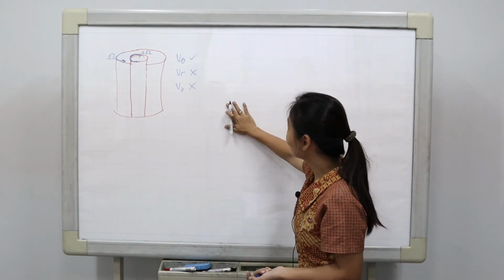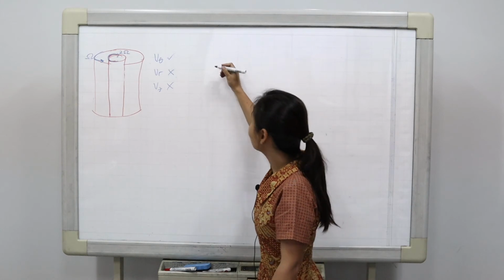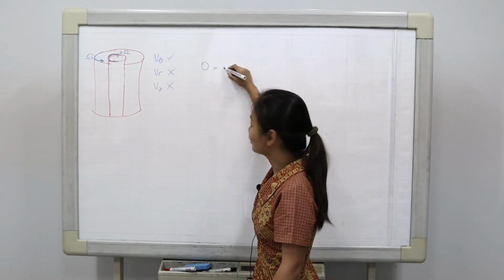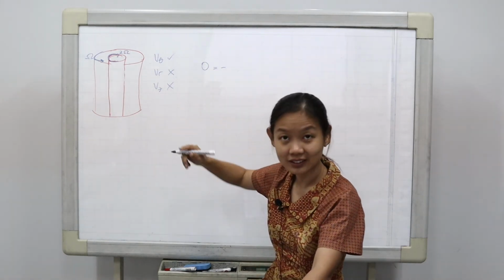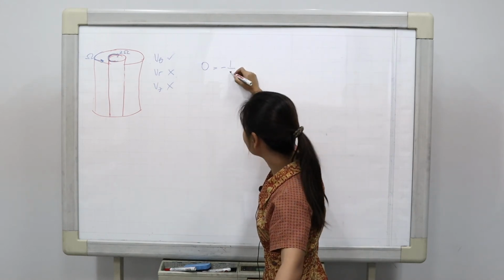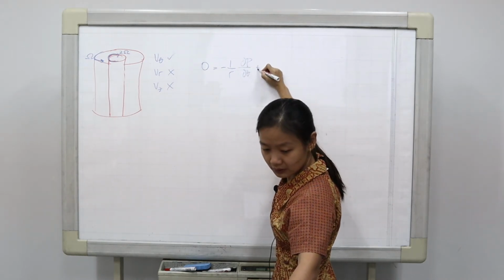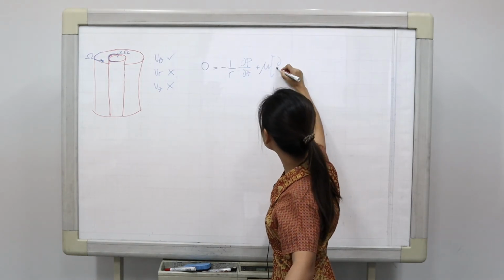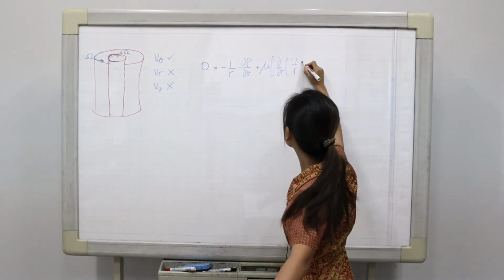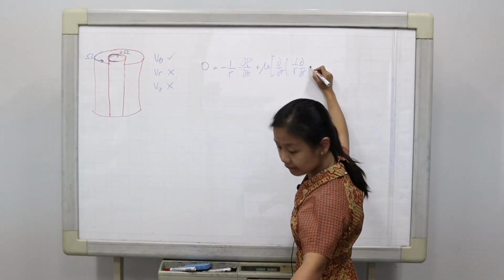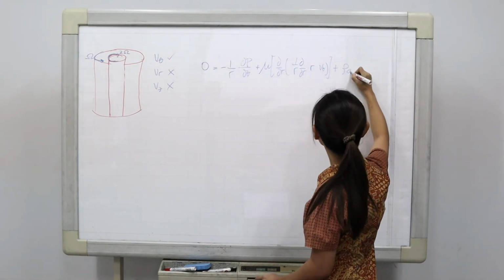If you put all the known conditions in equation B6, what we will have is 0 equals minus 1 over r dp over d theta plus mu d over dr of 1 over r d over dr of r v theta plus rho g theta.